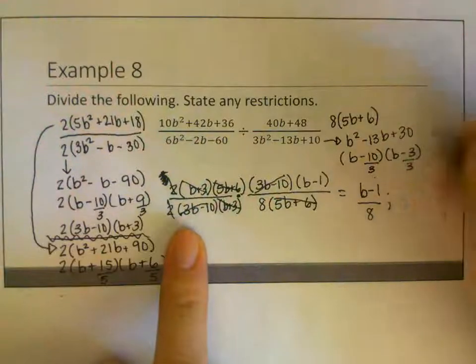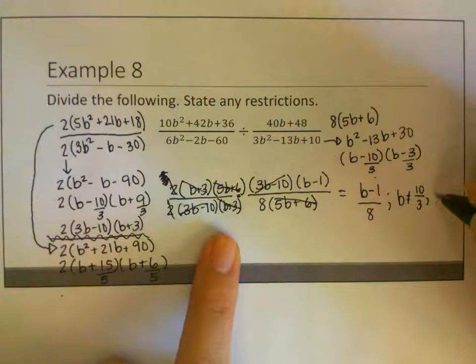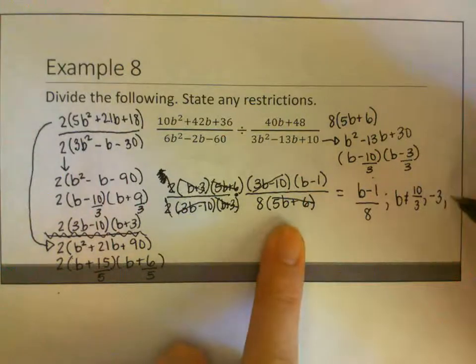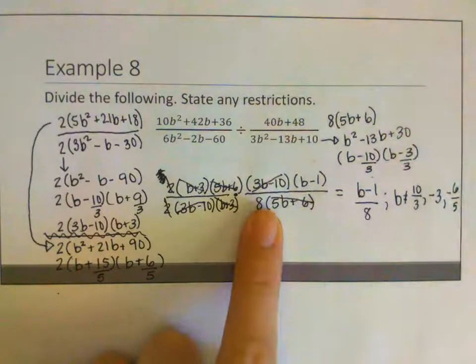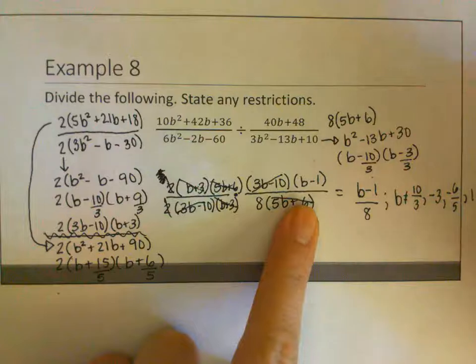So if I do this one, I get that b cannot equal 10 over 3. Here I would get b does not equal -3. Here this gives me b cannot equal -6/5. I have the 10/3 again, which I don't need to write a second time. But then I also have b cannot equal to 1.